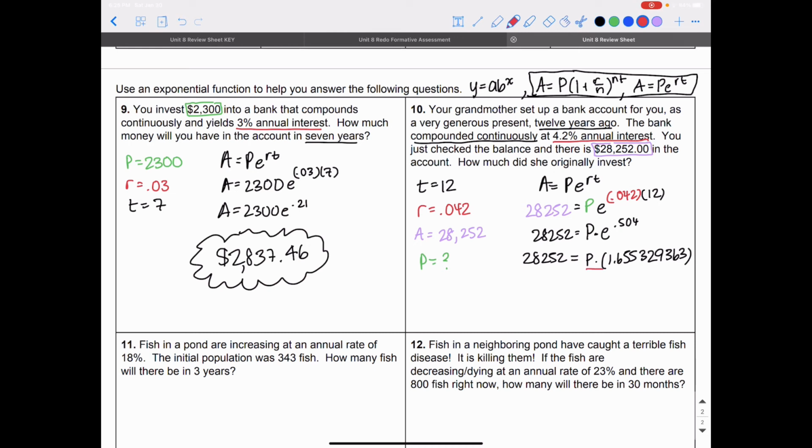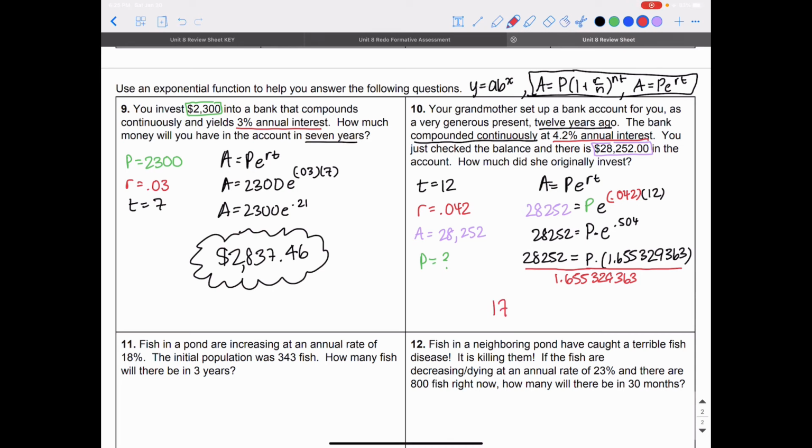Then you divide by 1.655363, so I have 28,252 divided by this number, which gives me 17,067.30 when I round to the nearest hundredths place, which I always do for money.